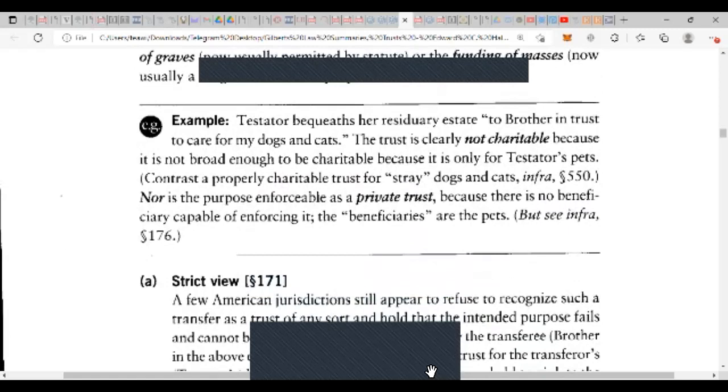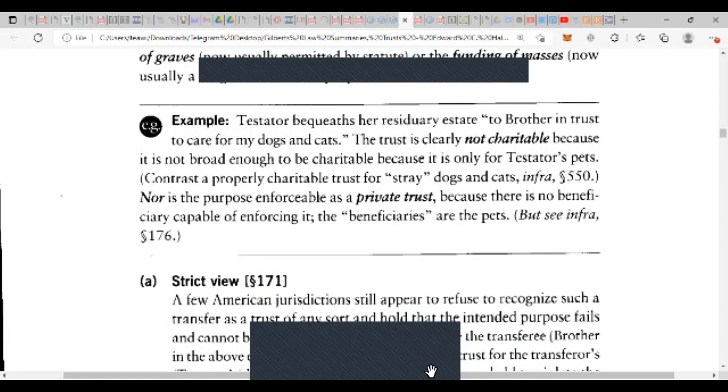Example: testator bequeaths her residuary estate, quote, to brother in trust to care for my dog and cats. The trust is clearly not charitable because it is not broad enough, being only for testator's pets. Contrast a properly charitable trust for stray dogs and cats, infra section 550.